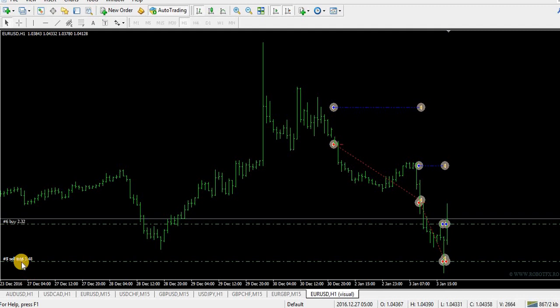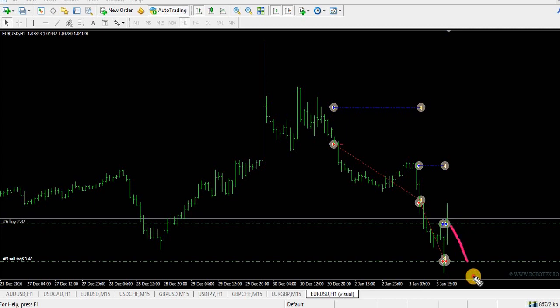And the lot size of the third pending sell is calculated so that if the price drops down and this becomes the second sell, the lot size from sell number 1 plus sell number 2 will be double the buy. So two sells.